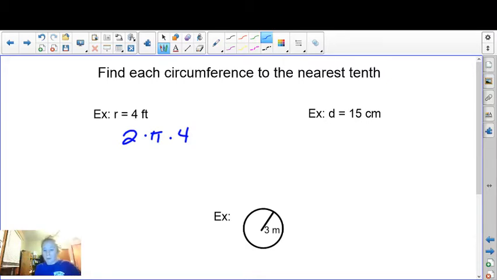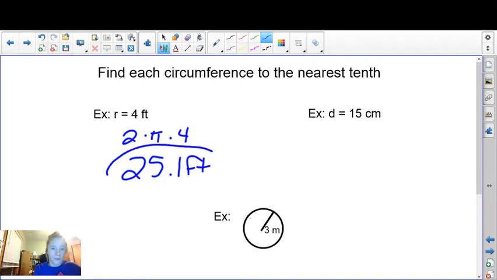If you don't have a pi button on your calculator, which looks like that, mine's blue, then just use the number 3.14. So 2 times pi times 4 gives 25.1.